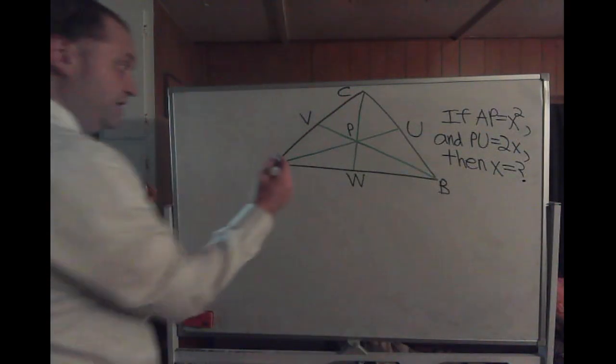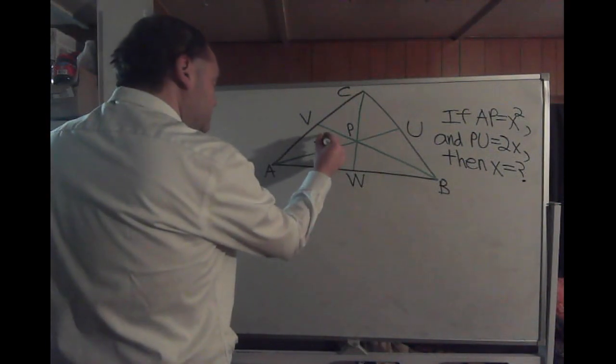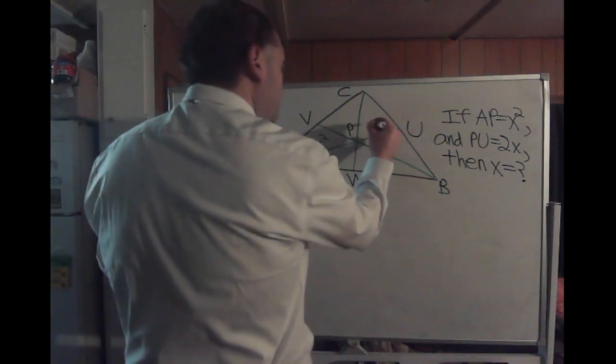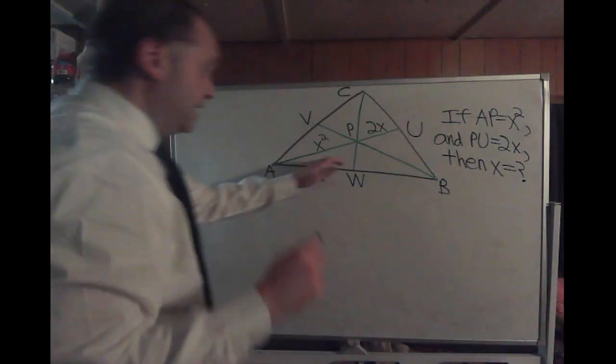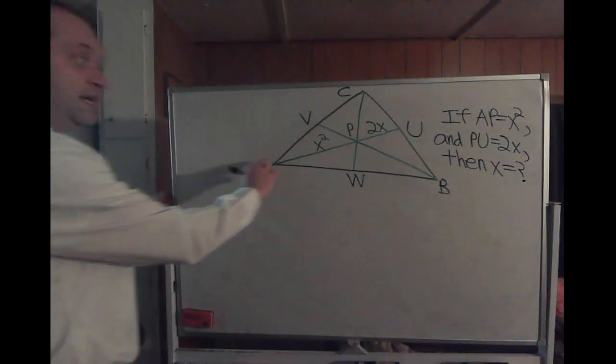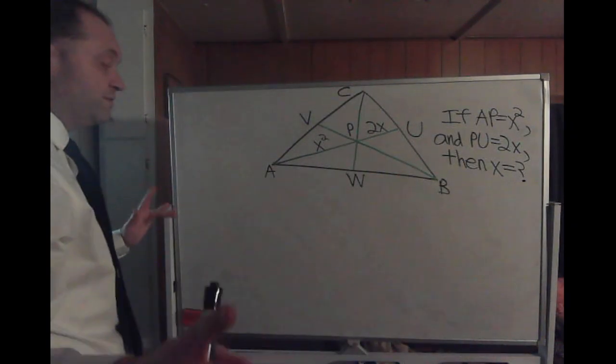So, we're given here AP has a length of x squared, PU has a length of 2x, then we got to solve for x. Well, we're only looking at median AU. That's all we're looking at for the time being.